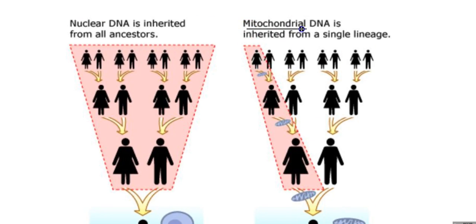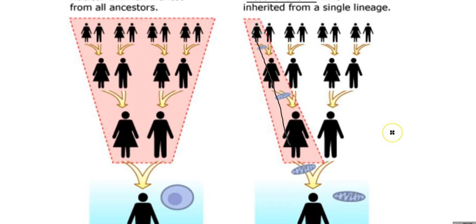So we know mitochondrial DNA is inherited only from the mother, and everyone's mitochondrial DNA allows us to determine our maternal lineage. If you are male and you go to 23andMe, they'll look at your paternal lineage by looking at your Y chromosome, because only males can pass on a Y chromosome. I cannot find my paternal lineage because I do not have a Y chromosome. I can only look at my maternal lineage because of the mitochondrial DNA.